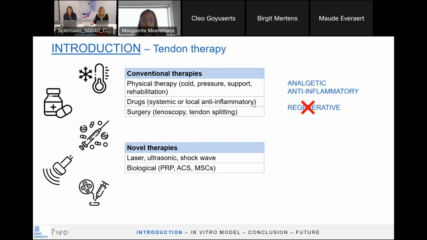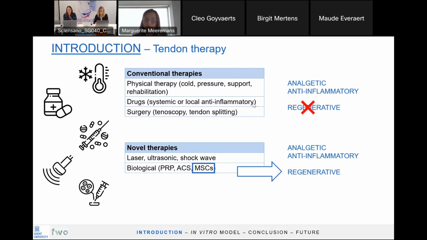Therefore, novel therapies such as laser, shockwave, or biological therapies are being developed at this moment. In our lab, we're focusing on mesenchymal stem cells, or MSCs. These MSCs are multipotent adult stem cells, which you can obtain from various sources, and they have a great regenerative potential due to their capacities to restore tissue and also to reduce inflammation.